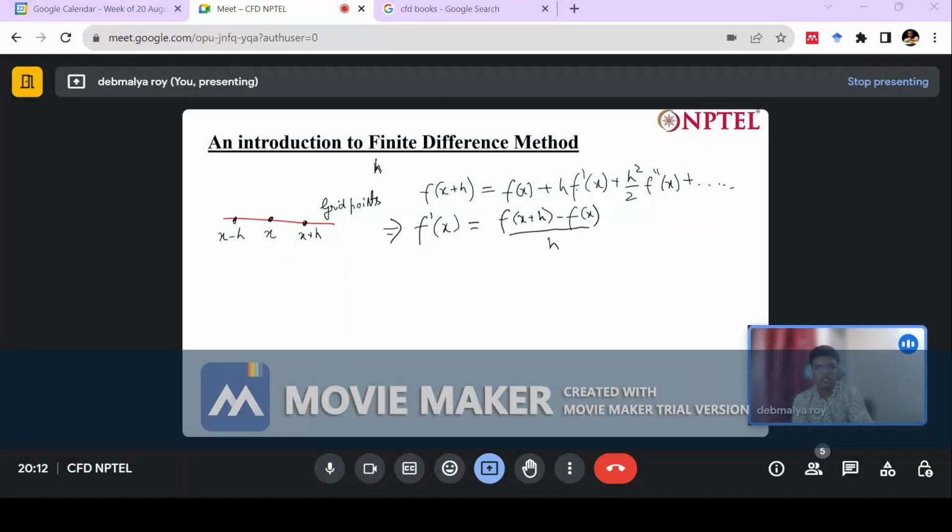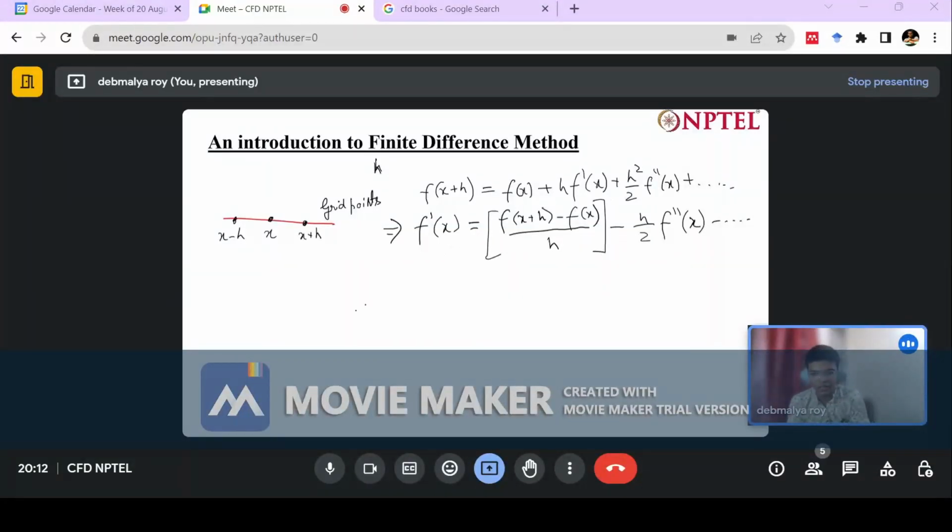So I took this side, divided by h, and I will have minus h by 2 f double dash x and so on, other terms. So let's take only this term.